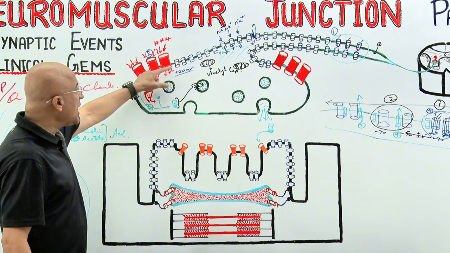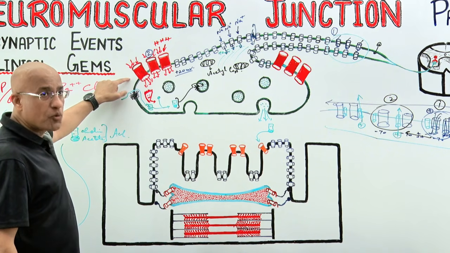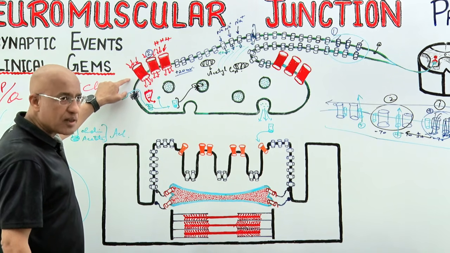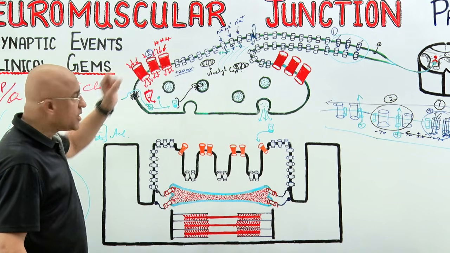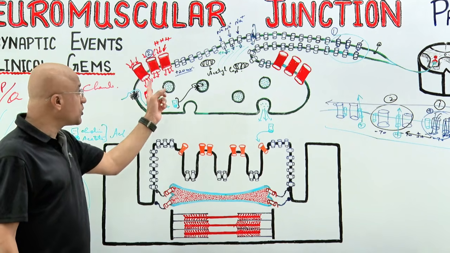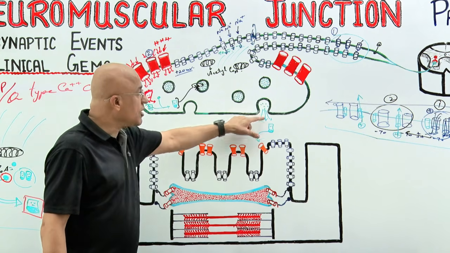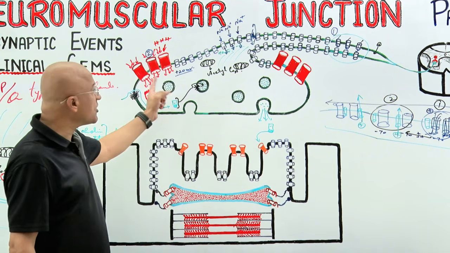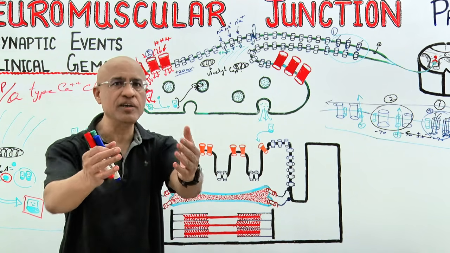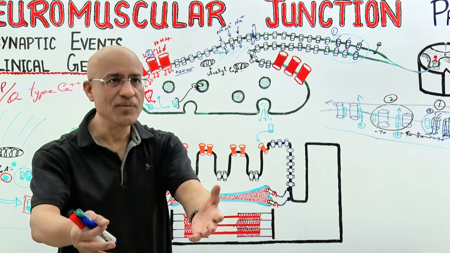This arrival of the action potential leads to opening of voltage-sensitive calcium channels, P/Q type calcium channels, and calcium influx occurs. Once this puff of calcium comes in, release of acetylcholine occurs. All this process is called exocytosis. Exo means outside, cytosis means cell, throwing something outside, right?